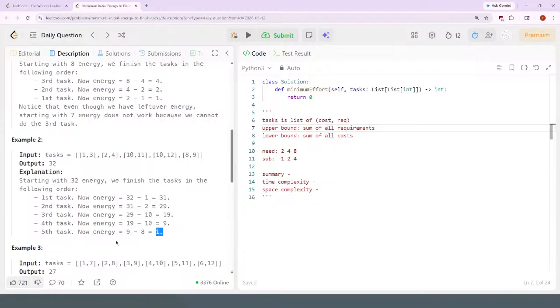But if you did 8, 9 first, then the 32 would become, what does that mean?